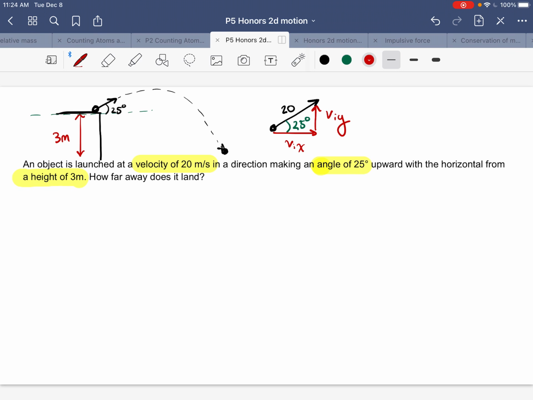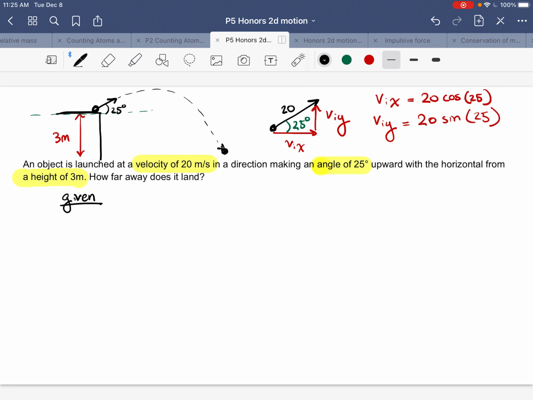Since x is the adjacent side of the triangle, that tells me that the initial x is going to have to be 20 cosine of 25. So adjacent equals the hypotenuse 20 times the cosine of the angle. The initial y is the opposite side, so it's going to have to be the hypotenuse times the sine of 25.